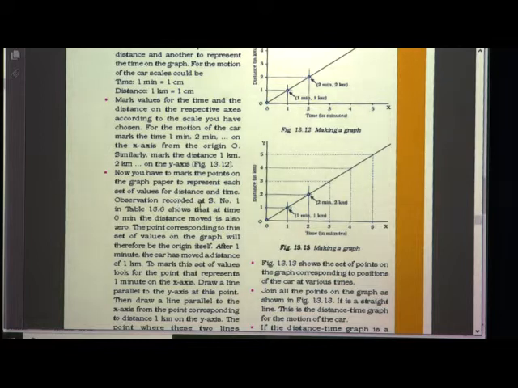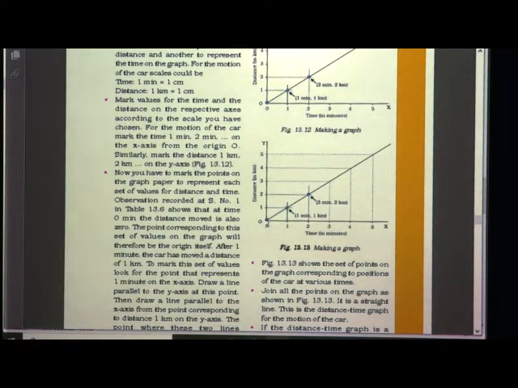Then the observation recorded at series number 1 in table 13.6 shows that at the time 0 minutes, the distance moved is also 0. So here you can see on the x axis you have to mark that reading. For 0 kilometers, the distance covered is 0 only.